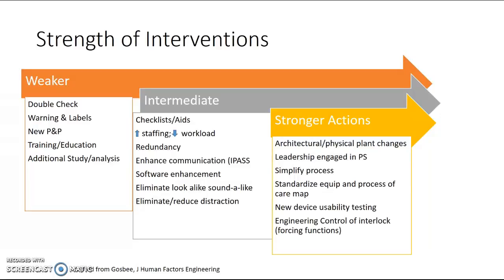And then stronger actions is really changing the architecture, simplifying the process, creating the right thing to do, making the right thing to do the easy thing to do. Things like standardizing your equipment so that you're always practicing prevention and using force function as one of your controls.